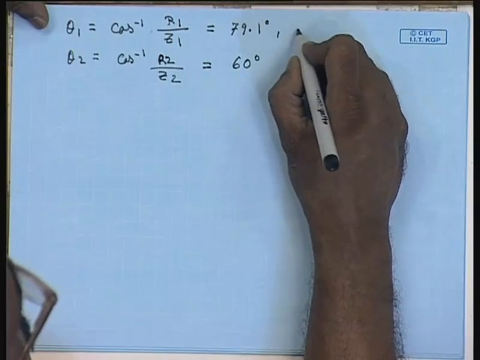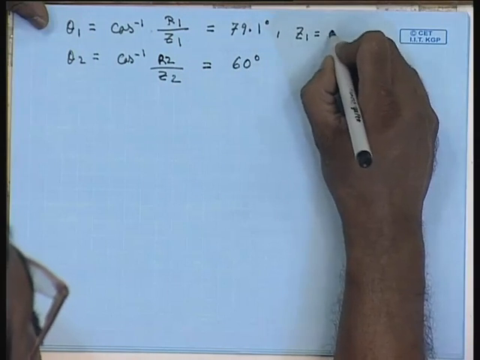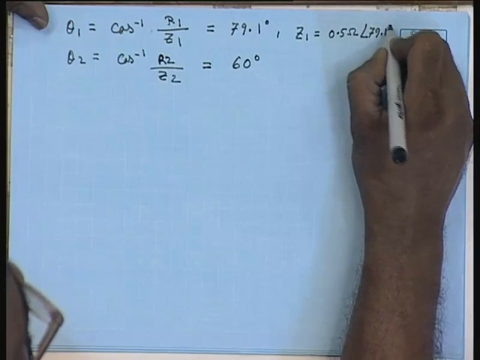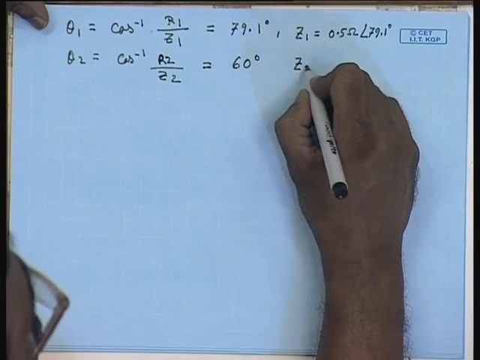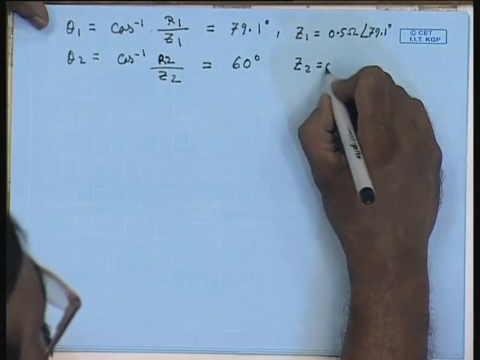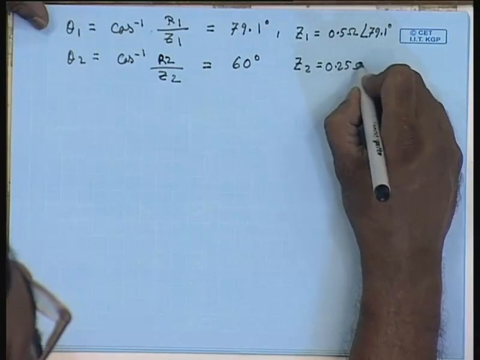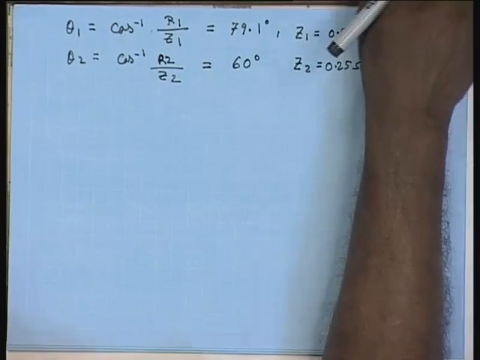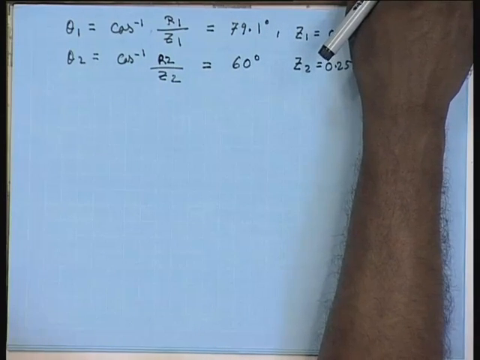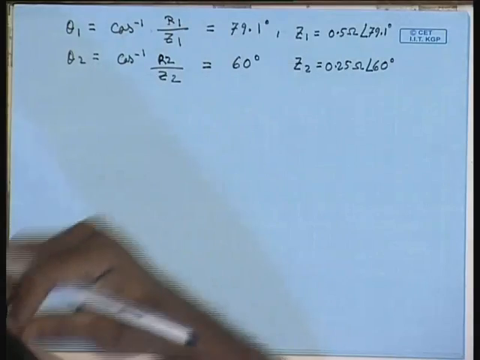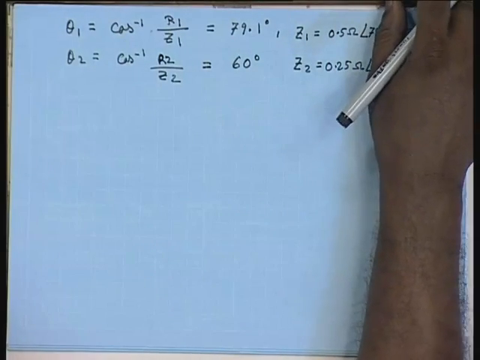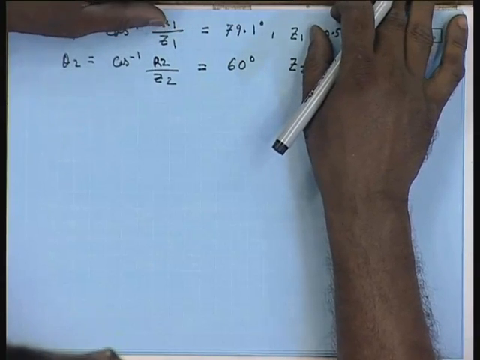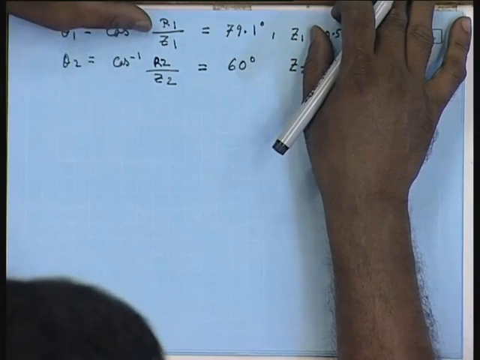So, Z1 equal to 0.5 ohm, angle 79.1 degrees, and Z2 equal to 0.25 ohm, angle 60 degrees. Please note that here the impedances do not have the same angle. Nevertheless, we can still proceed in a similar manner.